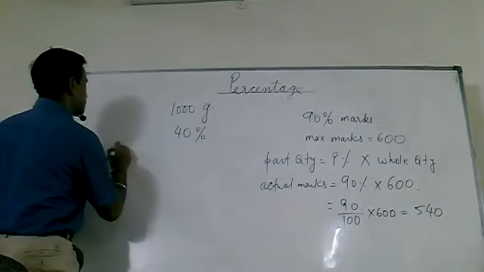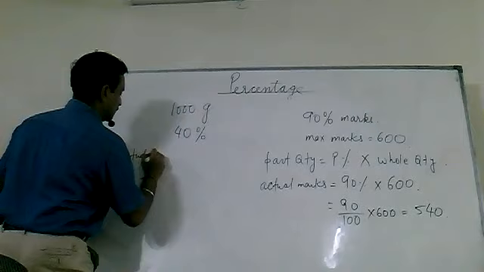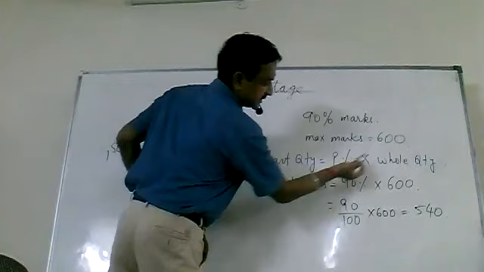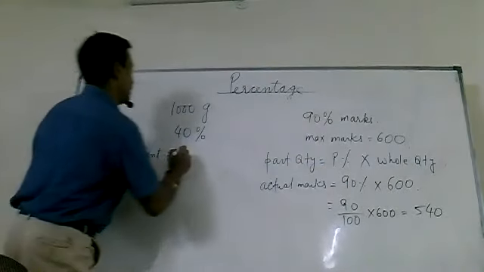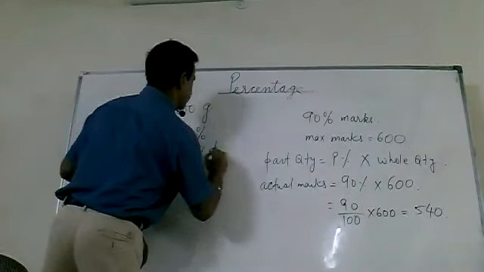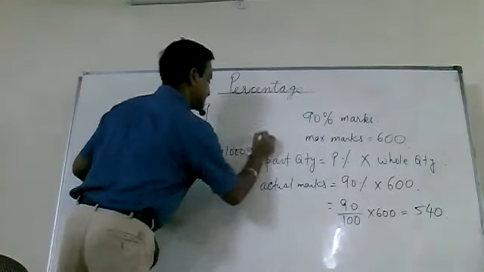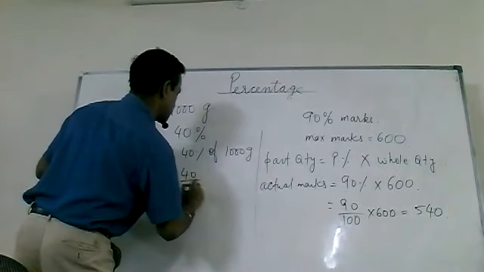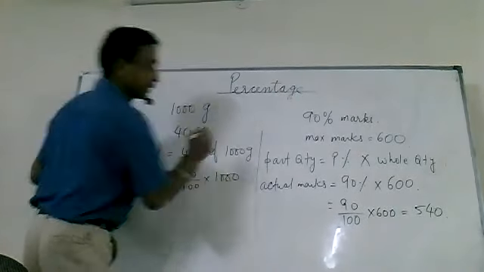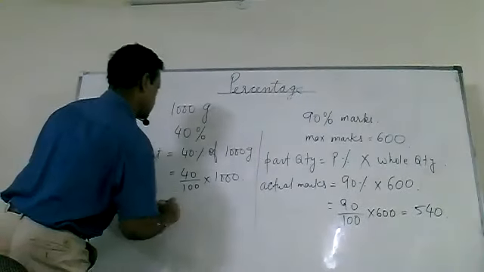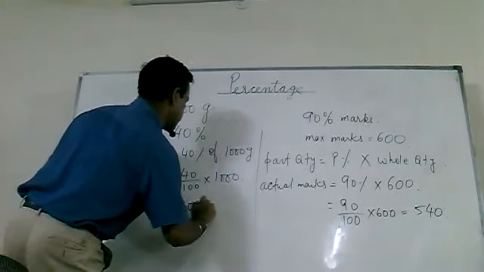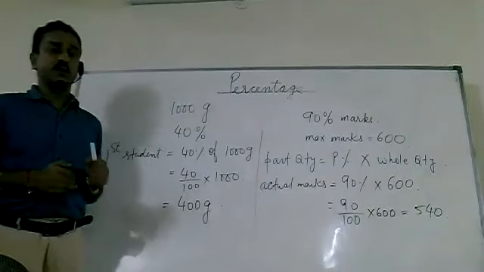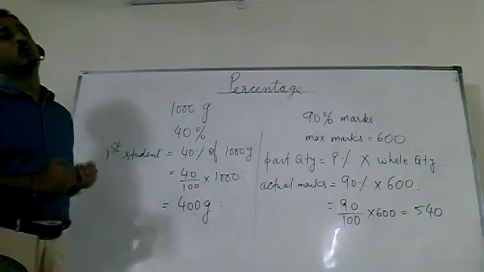You have to give the first student the part quantity. So the first student gets how much? P% into the whole quantity. So 40% of the whole quantity, which is 1000 grams. So 40 by 100 into 1000. So this is 400 grams. This is how you calculate the part quantity when you know the whole quantity.